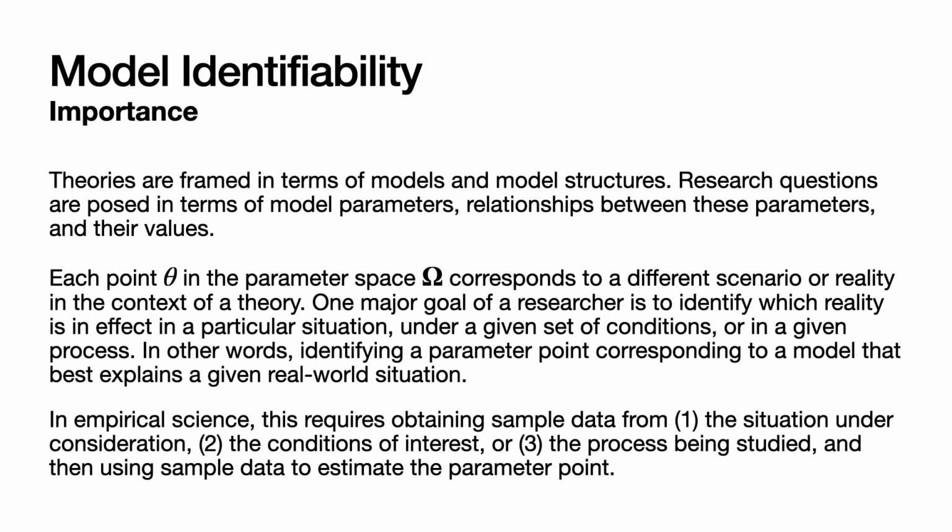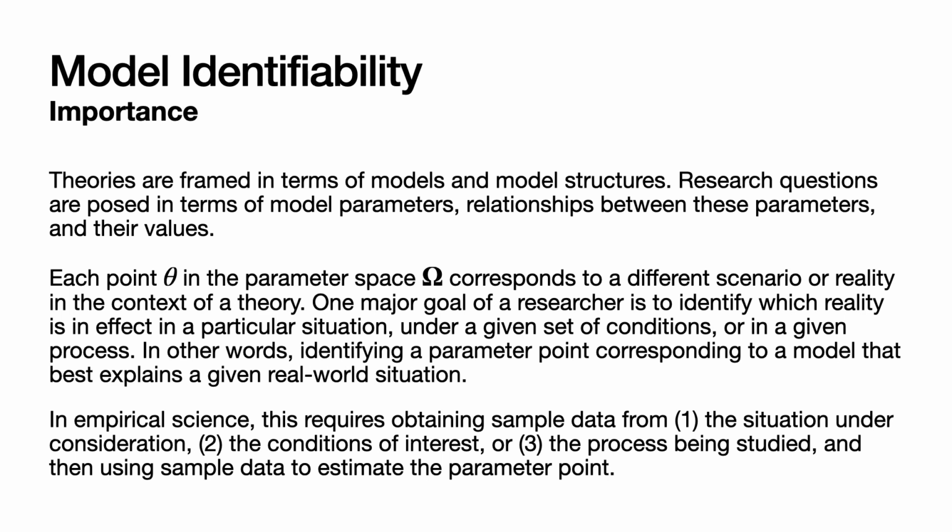Now let's talk about the importance of model identifiability. Theories are framed in terms of models and model structures. Research questions are posed in terms of model parameters, relationships between these parameters, and their values. Each point theta in the parameter space kappa omega corresponds to a different scenario or reality in the context of a theory.